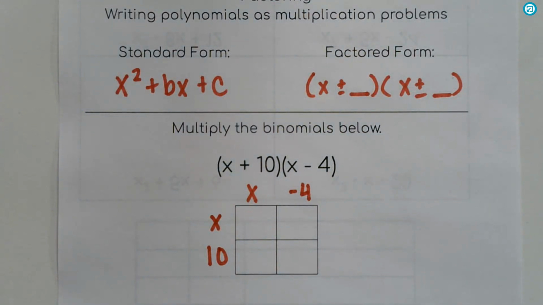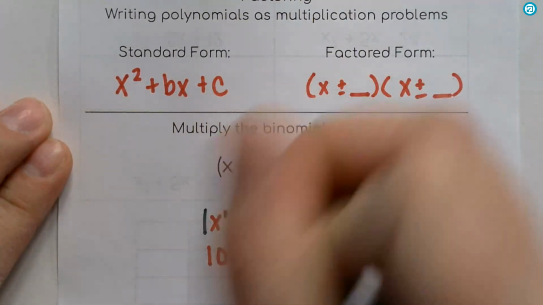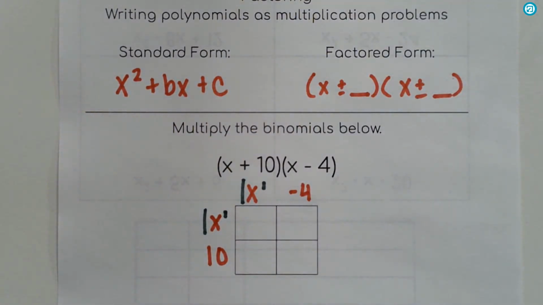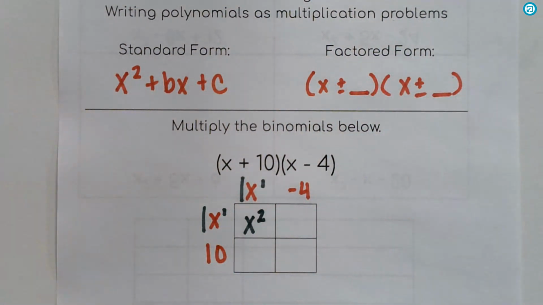And then I'm going to add in all my imaginary ones. So 1x to the first, 1x to the first. And then I can start multiplying to fill out my boxes. So 1 times 1 is 1. And then we add our exponent. So 1 plus 1 is 2. So I've got 1x squared here. I'm just going to write x squared instead of 1x squared.